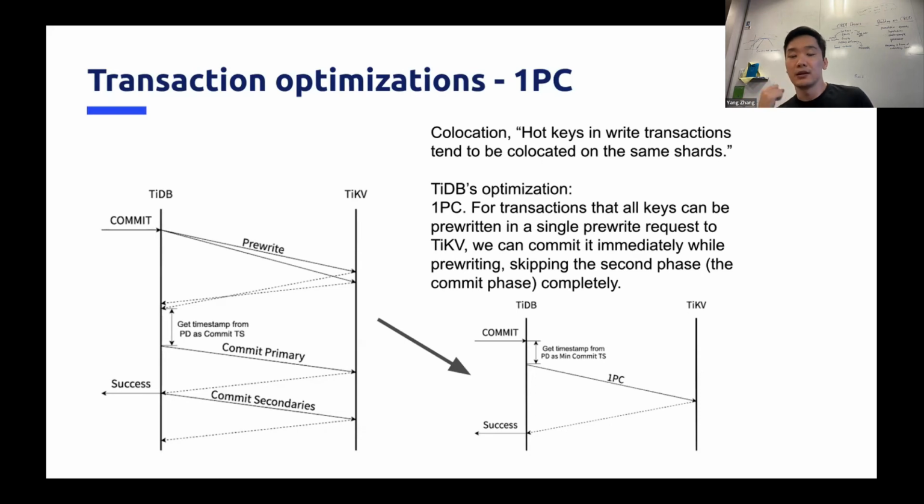Traditionally, transactions are implemented using two-phase commit, but we did this so-called one-phase commit as an optimization. When all the keys the transaction touches are within one shard, it can happen within just one round trip. So basically, we save the network time.